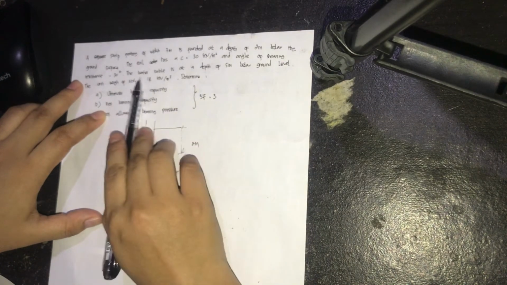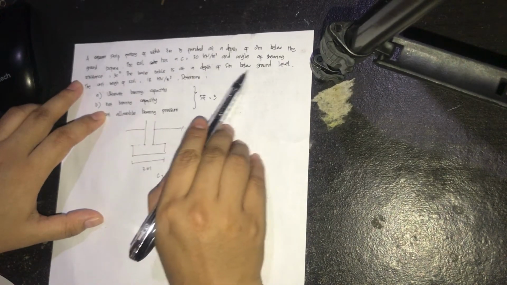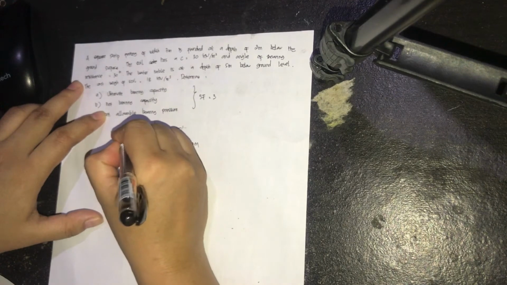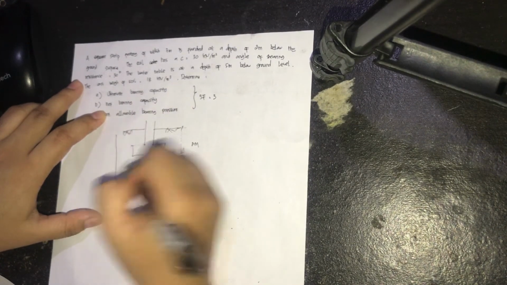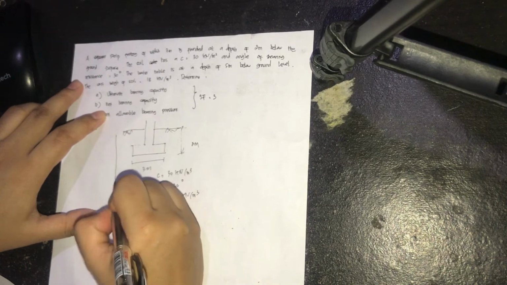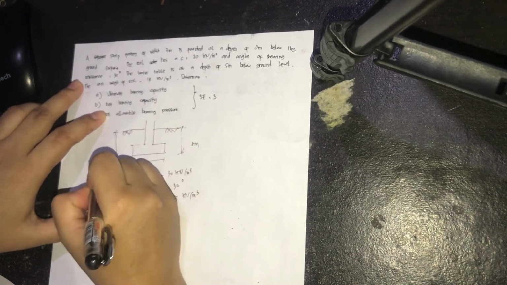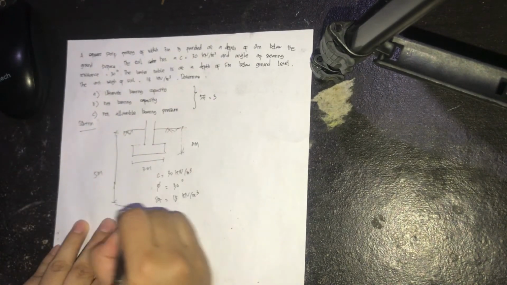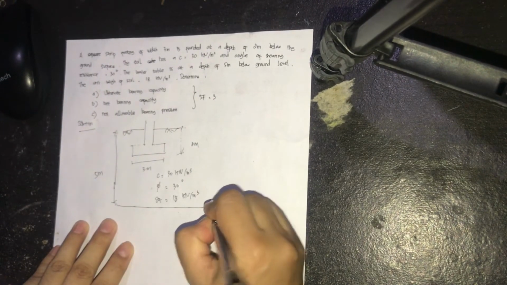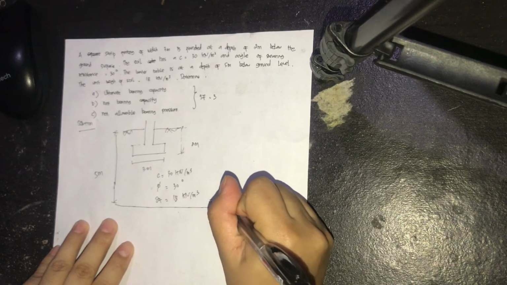And it says the water table is at a depth of 5 meters below ground level. Because our ground level is here, it means 5 meters from the ground level. This is the water table.